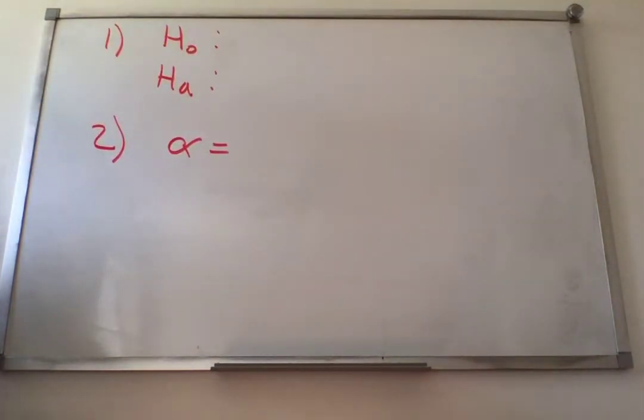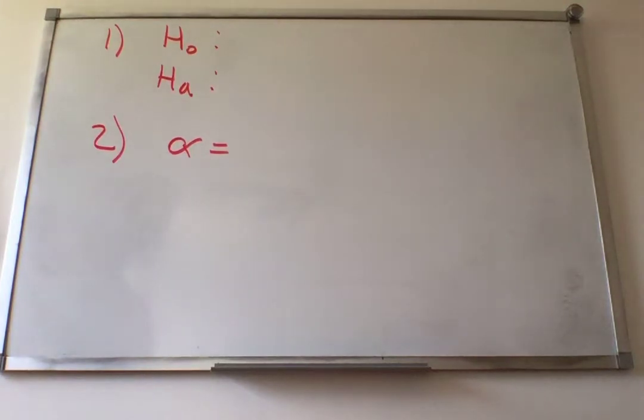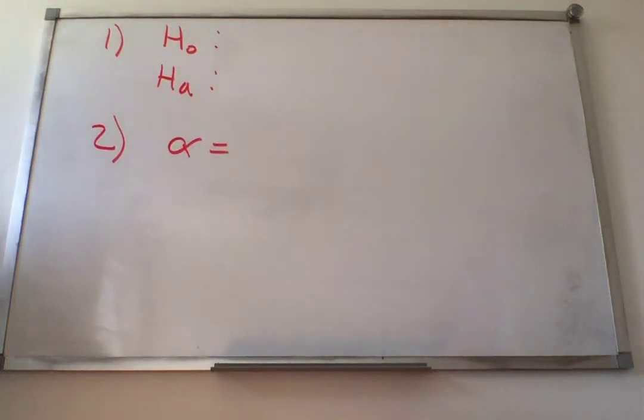And then we're going to calculate the p-value, all right? From the p-value, we're going to use it to make a decision about whether we reject the null hypothesis or do not reject the null hypothesis. Okay, so this is the p-value method.